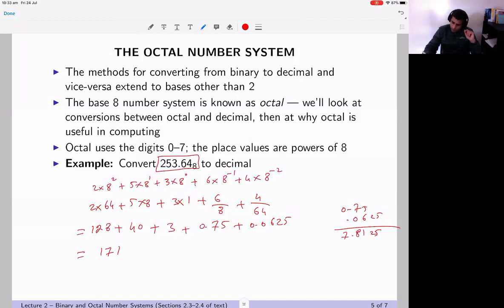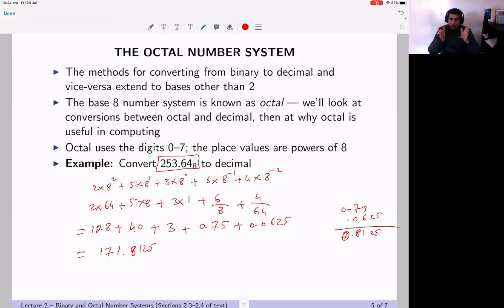That would be 0.8125. So in other words, this octal number 253.64 in decimal expansion becomes 171.8125.